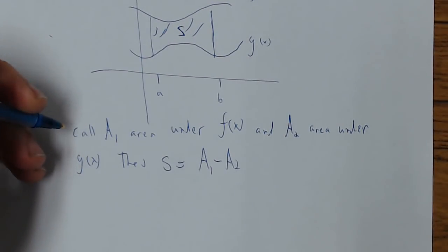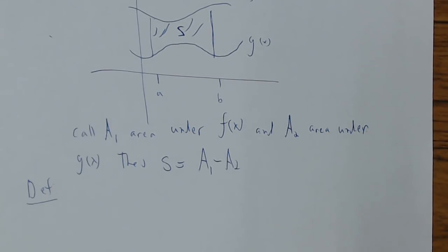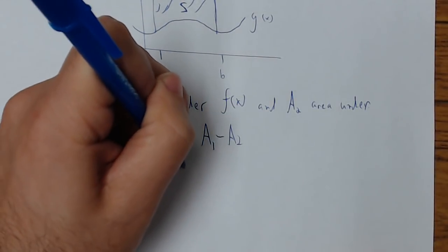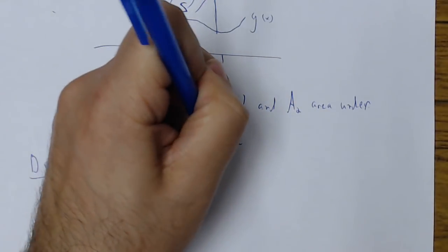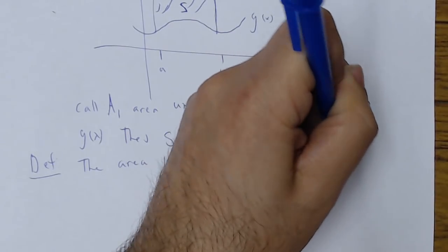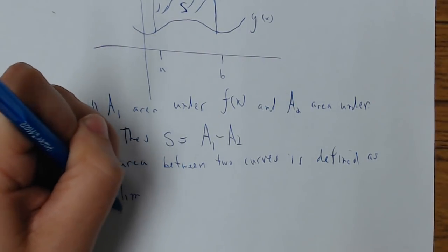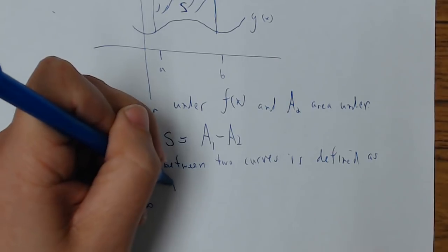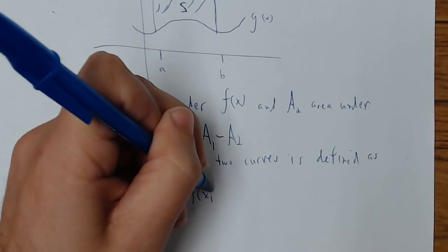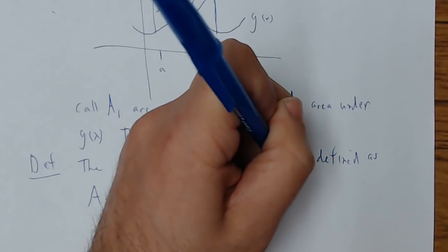By definition, the area between two curves is defined as A equals the limit as n goes to infinity of the summation from i equals 1 to n of f of x sub i star minus g of x sub i star, delta x.